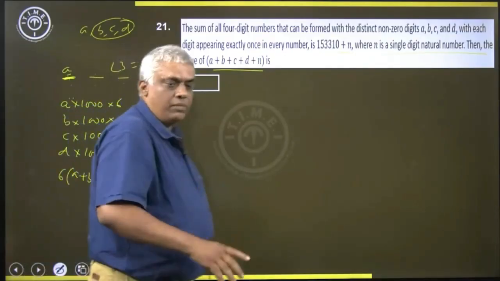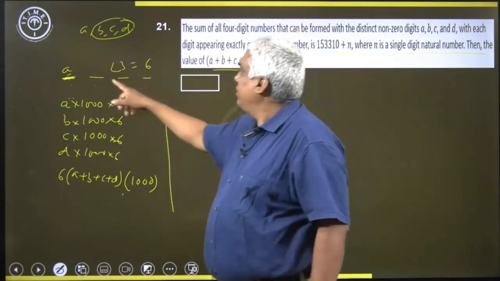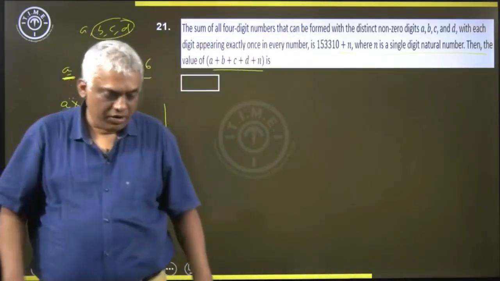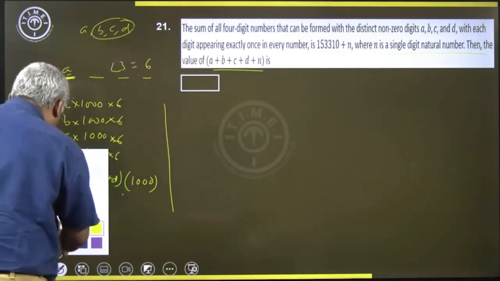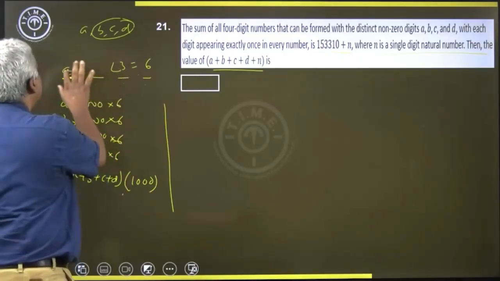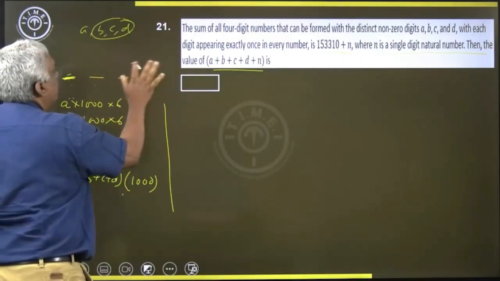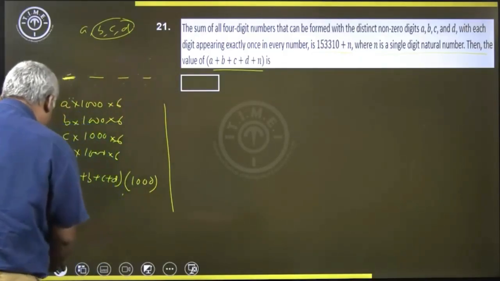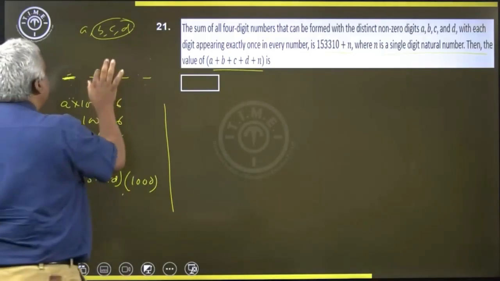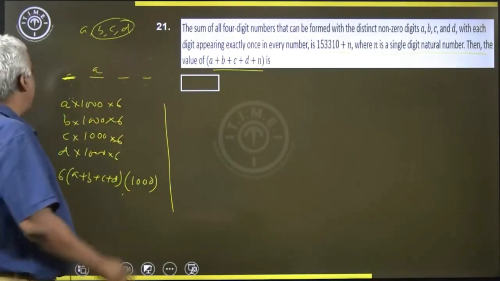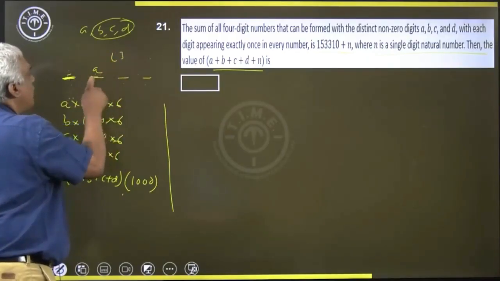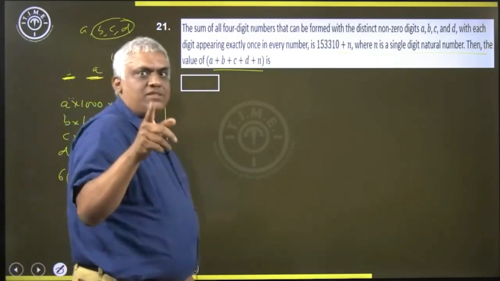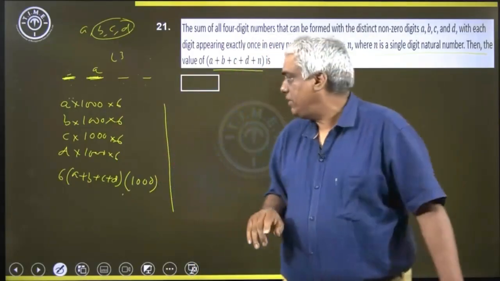Now similarly, I have to find the value of the hundreds place. Every digit will appear at the 100 place how many times? Same, right? If I take A here, the other 3 digits B, C, D can be arranged in factorial 3 ways. So A will appear here also 6 times, so A into 100 will happen 6 times.